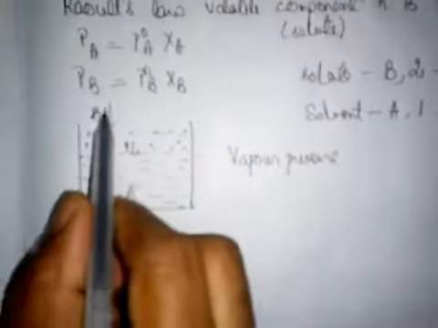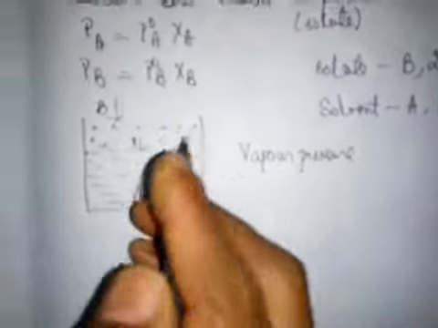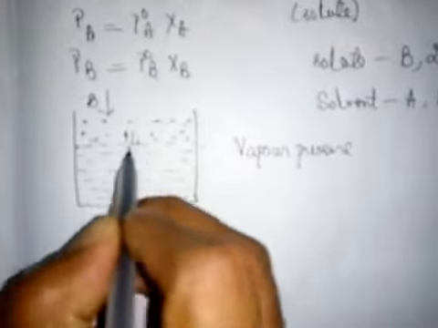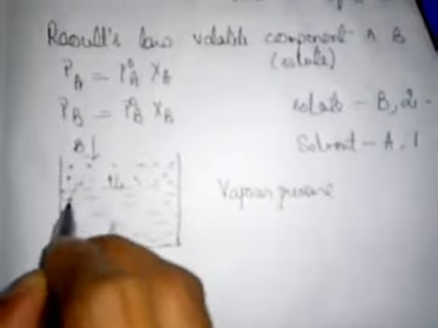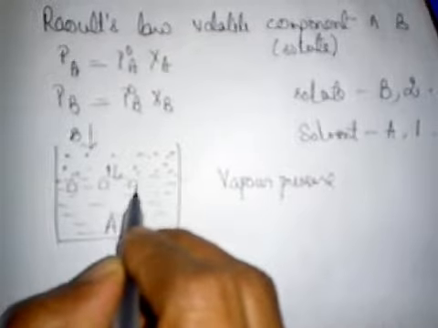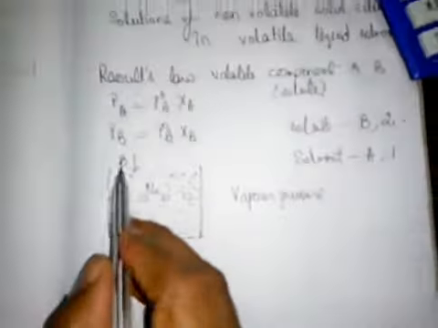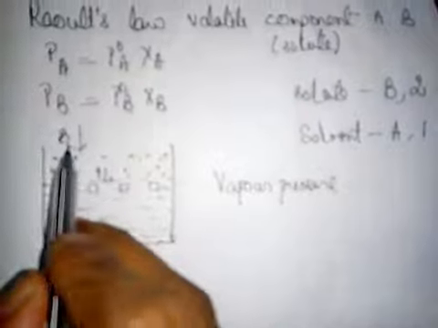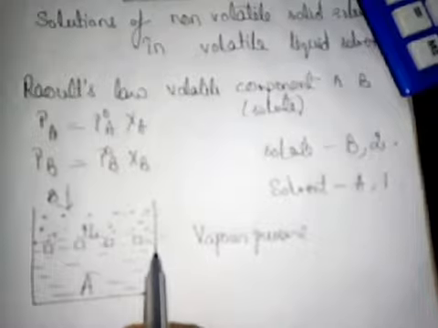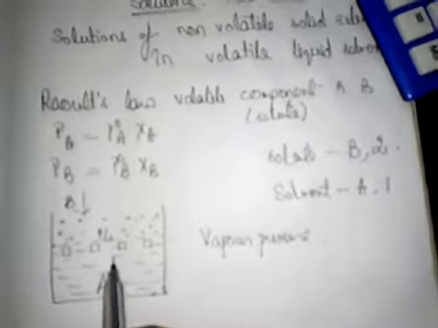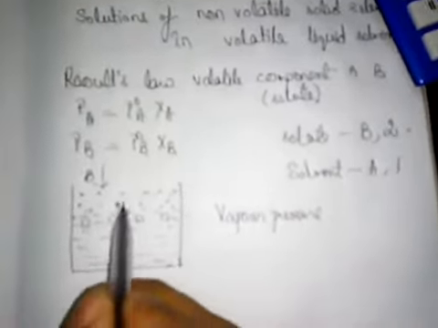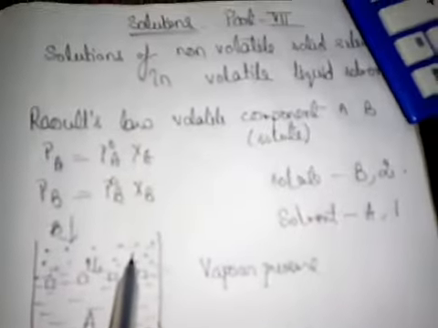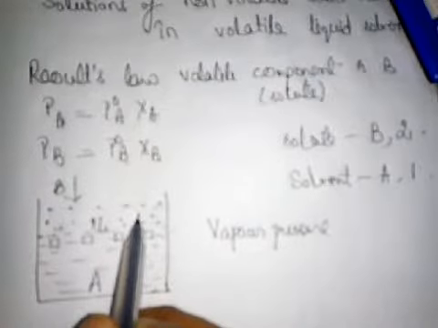Now when the solute B is added, some of the surface liquid molecules of A are occupied by the solute molecules or solute particles B, as a result of which less number of liquid molecules are getting converted to the vapors, and as a result the pressure is also reduced.